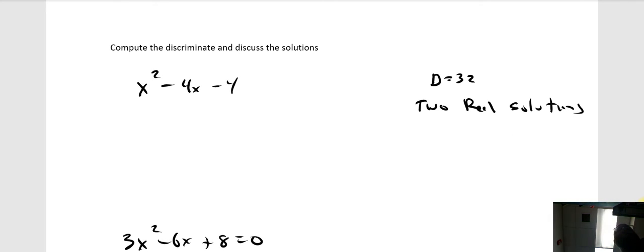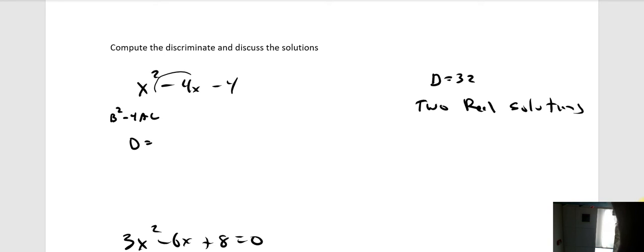Okay, let's talk about this, where it says compute the discriminant and discuss the solutions. So remember, the discriminant was b squared minus 4ac. So in this particular problem, I'm going to put d for discriminant.